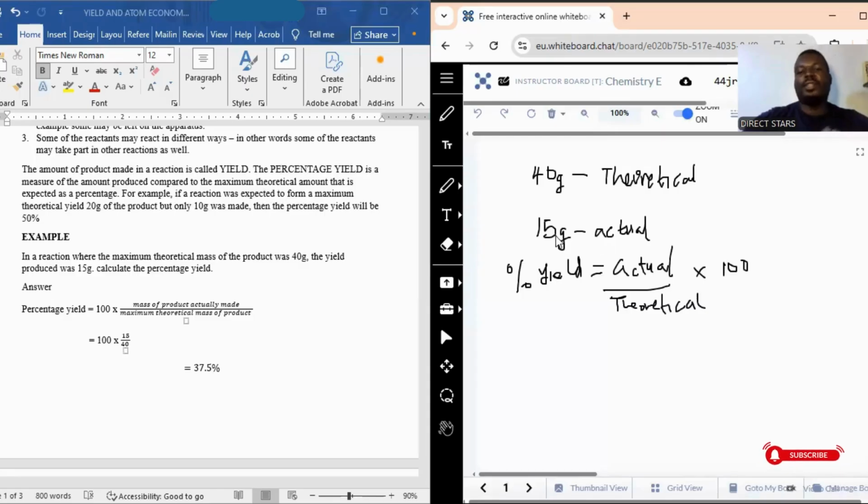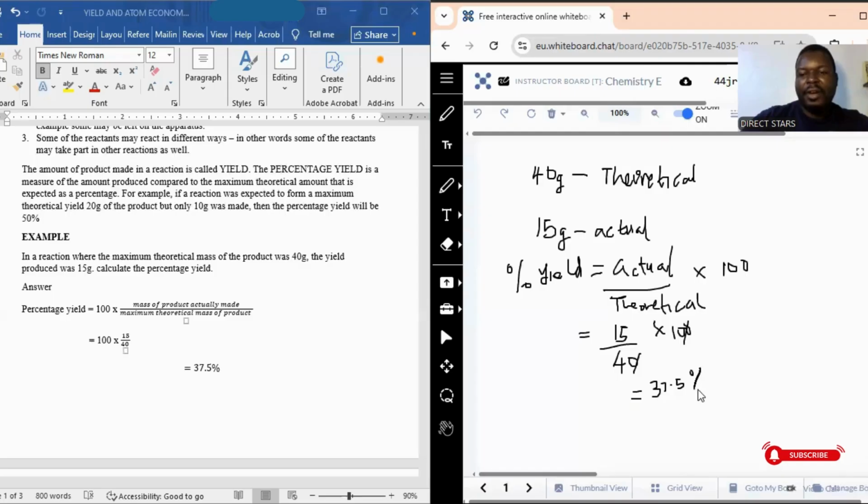So in this question here, the actual yield we obtain is 15 grams, and the theoretical yield obtained from the calculation is 40 grams. When you multiply that by 100, you have 37.5%.